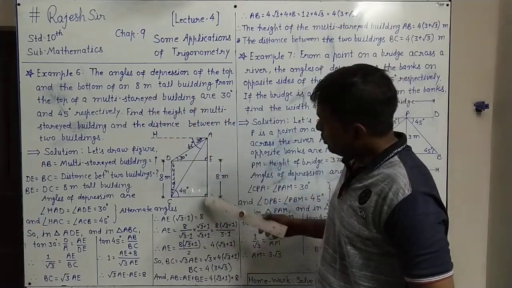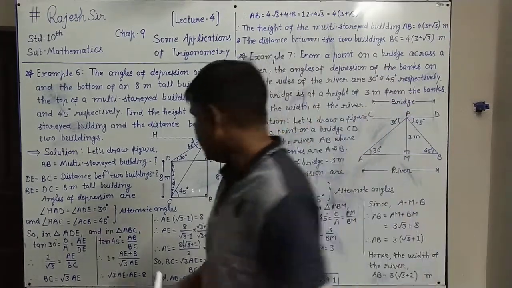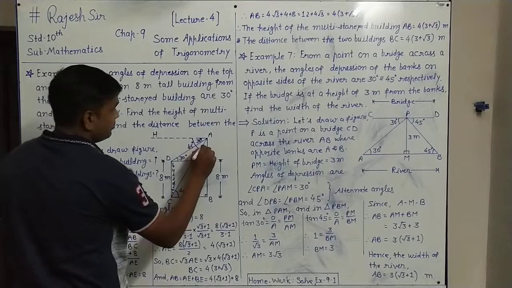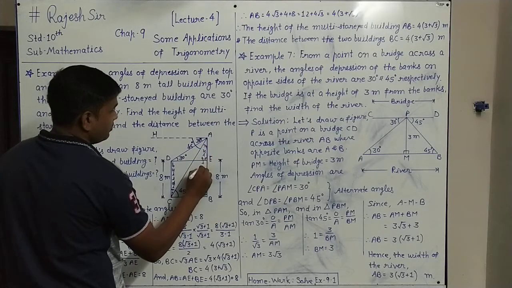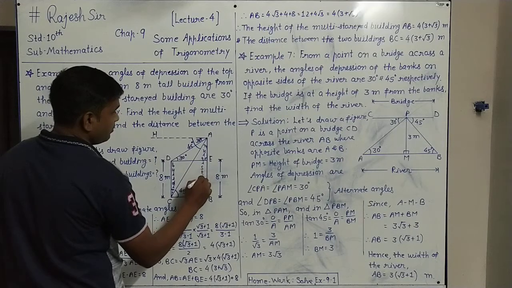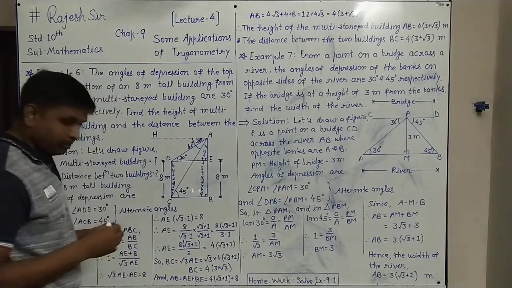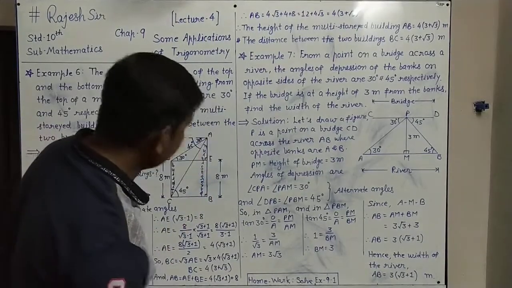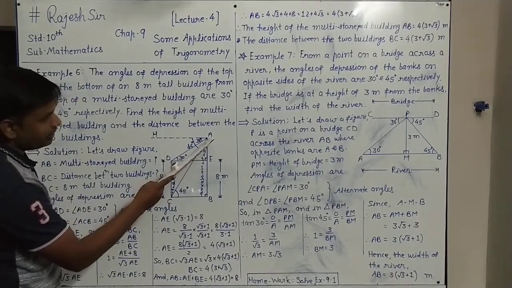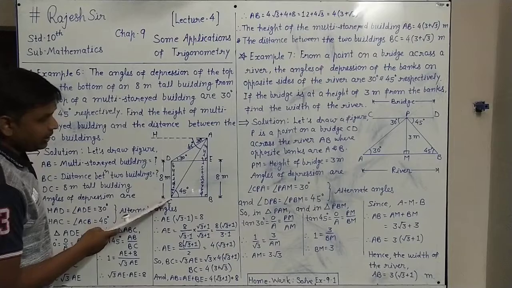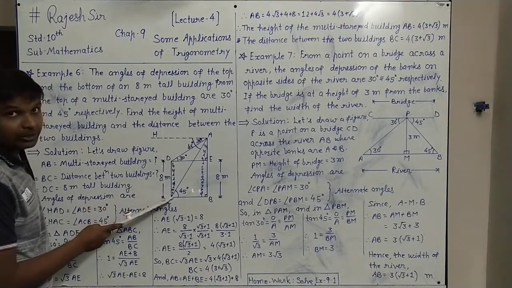From the top of the multi-storied building, that is point A, we have to observe this building. First we will see the top of this building and then we will see the bottom of this building.